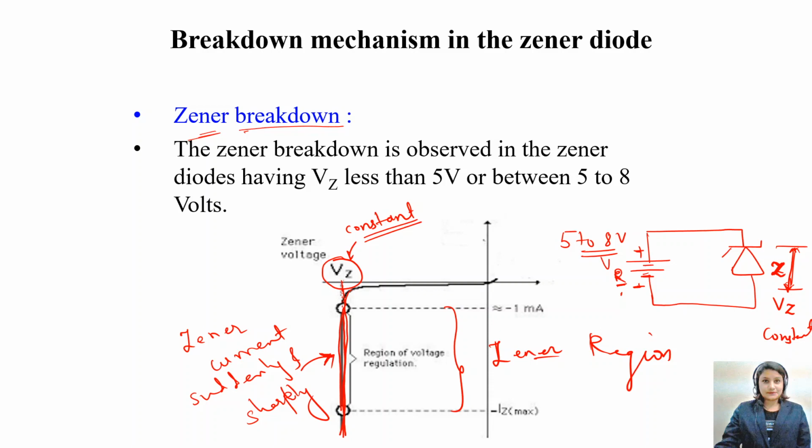Right? So this Zener breakdown can be observed with the VZ less than 5 volts or 8 volts. It should be between 5 to 8 volts. Within this you can observe the Zener breakdown.